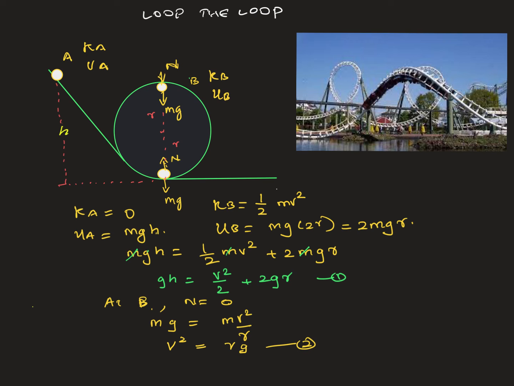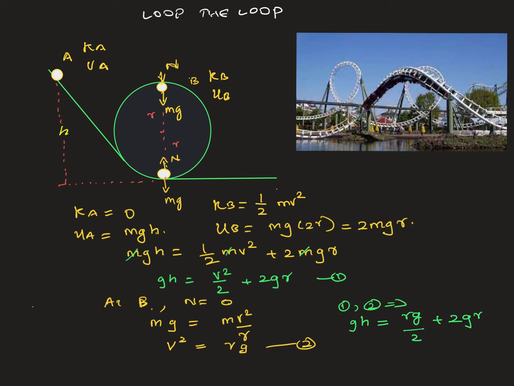So from equations 1 and 2, if we substitute the value for v squared from equation 2 into equation 1, we get gh is equal to rg divided by 2 plus 2gr.